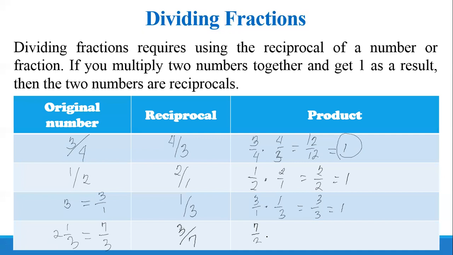When we multiply these numbers, we get the product of 1, so these two numbers are said to be reciprocals. Sometimes we call the reciprocal a flip. So the flip of 3/4 is 4/3, and when we flip 2/5 we get the reciprocal 5/2.